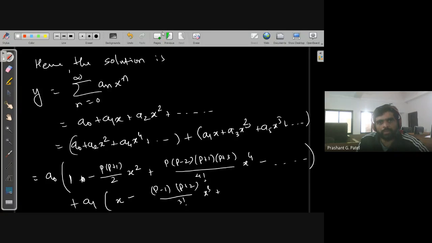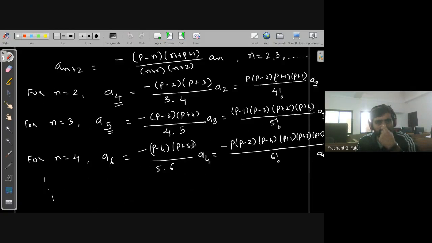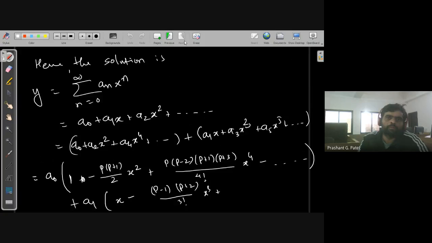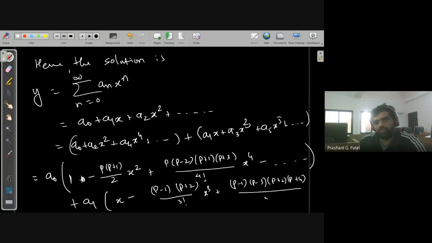Plus a5, whose value is this whole value, of positive sign: (p minus 1)(p minus 3)(p plus 2)(p plus 4) upon 5 factorial into x raised to 5, then minus sign up to so on, which is the general solution of the Legendre equation.